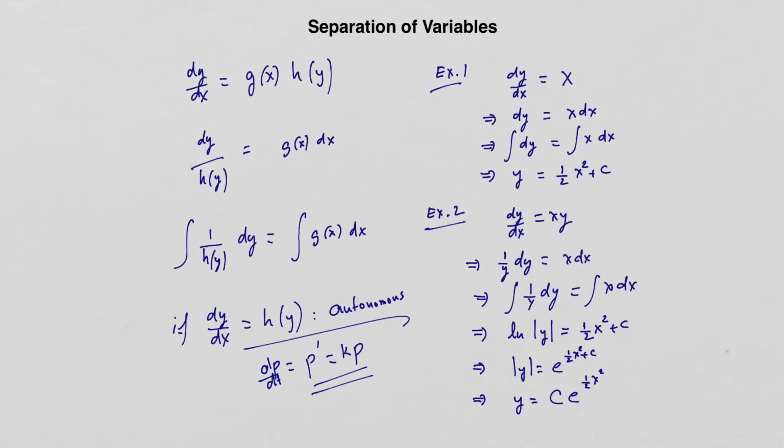That's how you solve differential equations, so that ln has to go away. The absolute value of y is e to this power. And you may remember from basic math that e to the half x squared plus c is the same thing as e to the half x squared times e to the c.